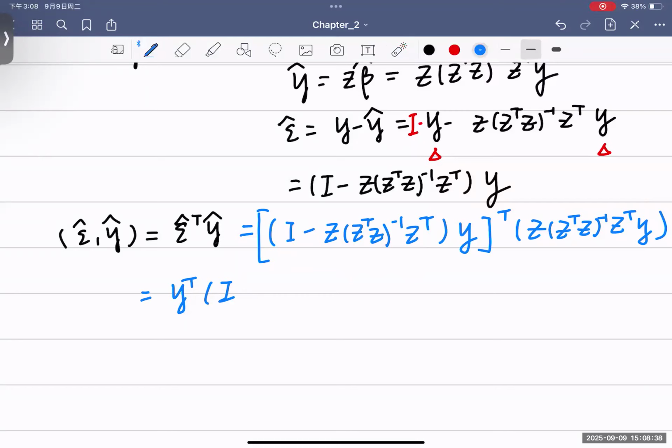So it will become the Z transpose, then the transpose of Z transpose Z inverse, and Z transpose. We're keeping the other part.